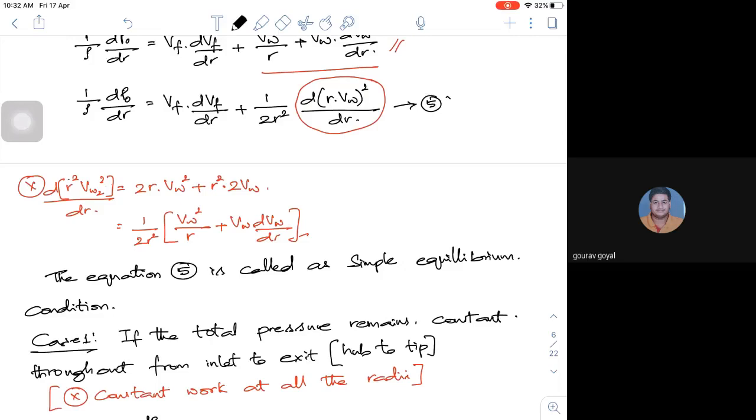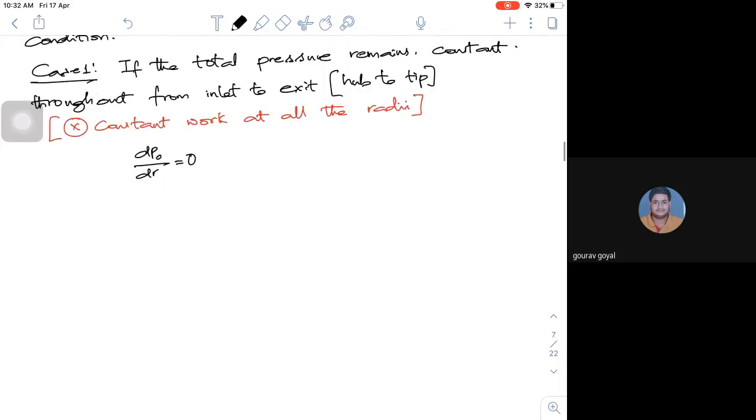So do not worry about it. I can write it as Vf into dVf square, df by dr plus 1 upon 2r square into d into r dot Vw whole square by dr is equal to 0.